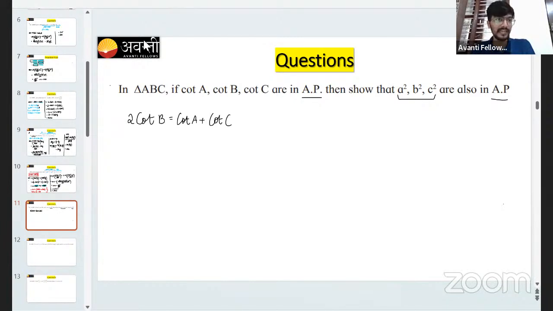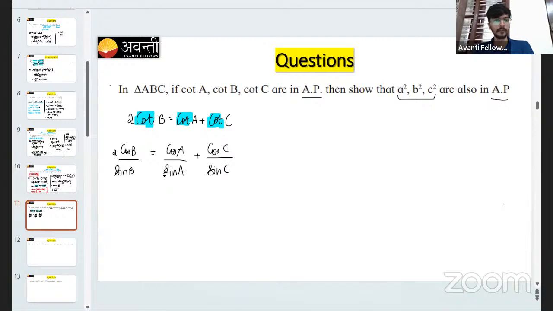The problem is here I have cot. So I don't know anything about cot. So let's convert cot into sine and cos. Very simple. I can easily write it as cos B upon sin B is equal to cos A upon sin A plus cos C upon sin C. So now use sine rule and cosine rule both.